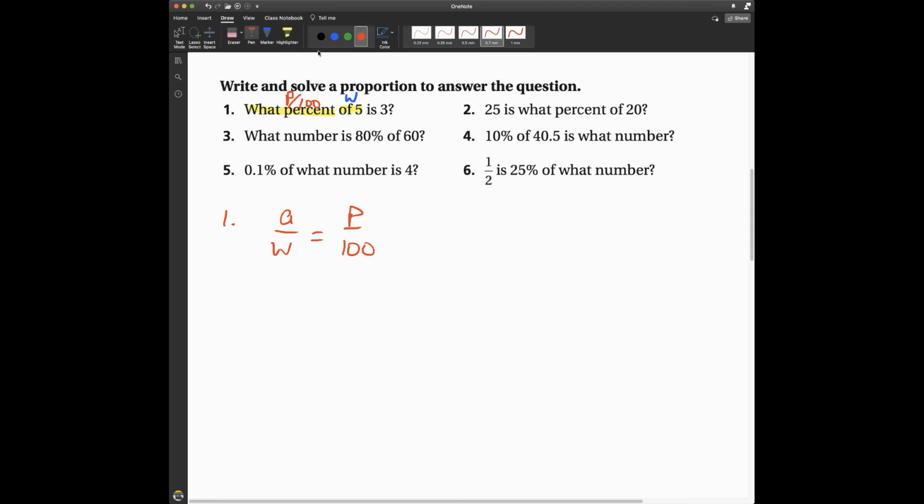And is 3. So is 3, that has to be my part, because I've found the percent and the whole. So I can fill these into the formula. The part is 3, the whole is 5, and the percent is what I'm trying to figure out.